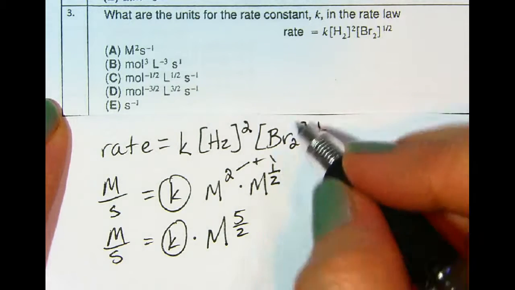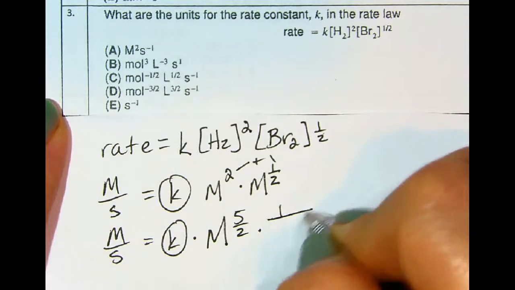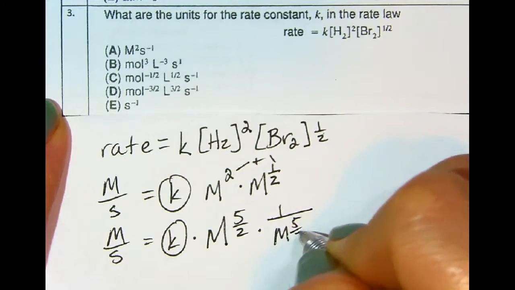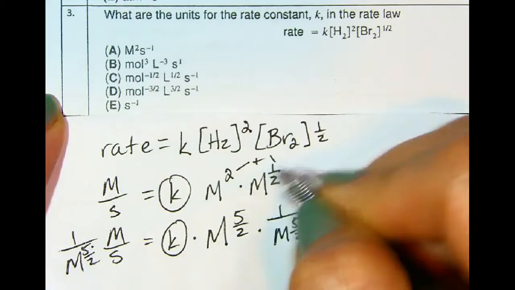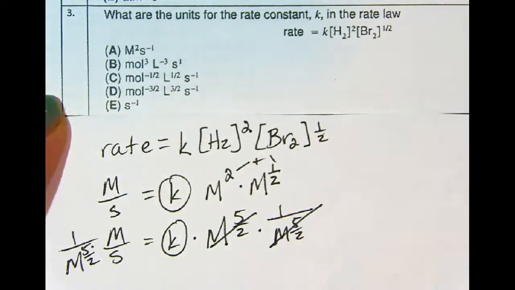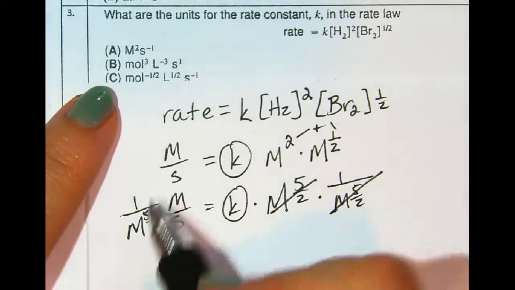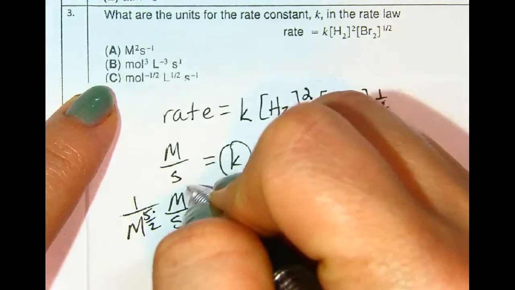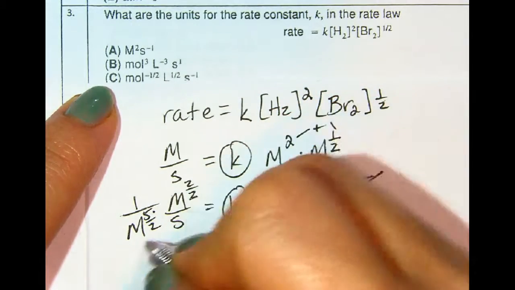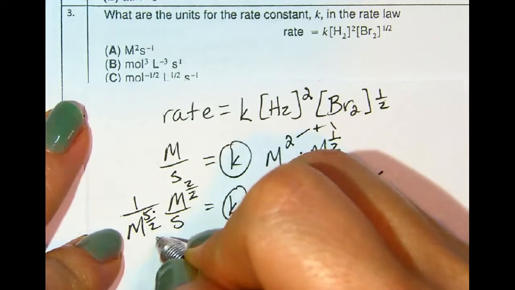Now I'm going to go ahead and multiply both sides by 1 over M to the 5 over 2 power. That'll cause these to cancel. And now I just need to simplify here. And now we're going to be subtracting. And so 2 over 2 is going to be subtracting with 5 over 2.